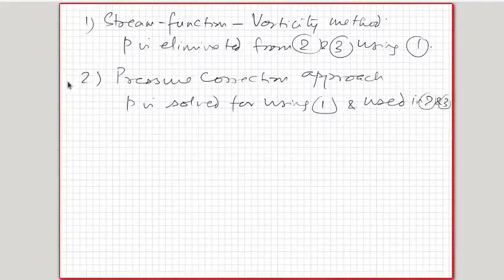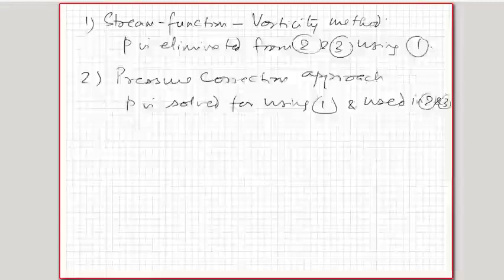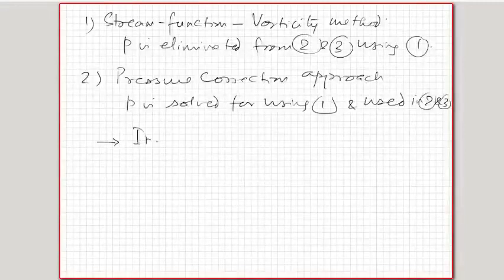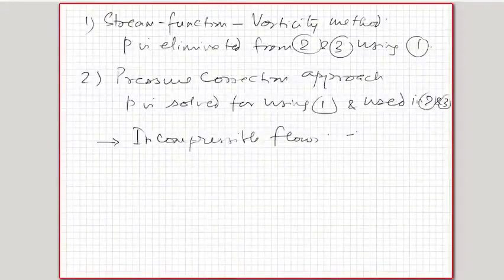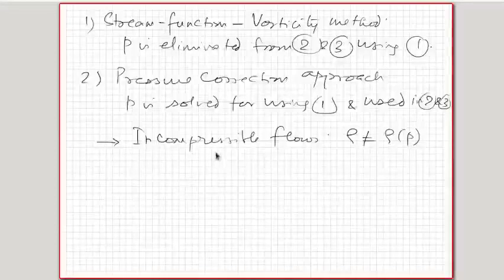Both of these are applicable for incompressible flows, where density is not a function of pressure. When density is a function of pressure, of course, the equation of state comes into the picture.